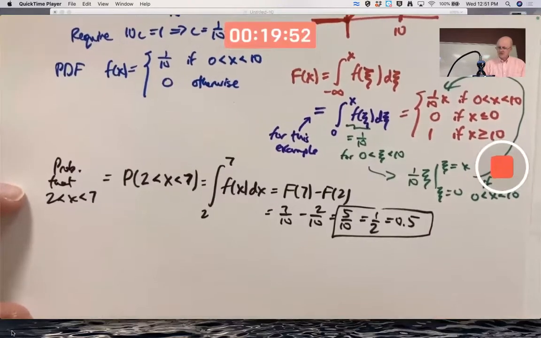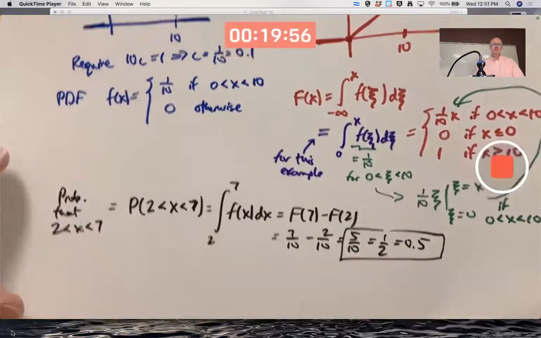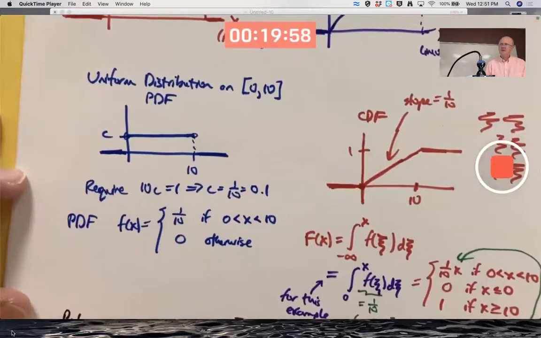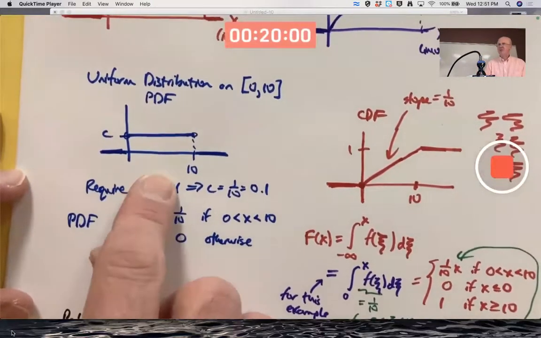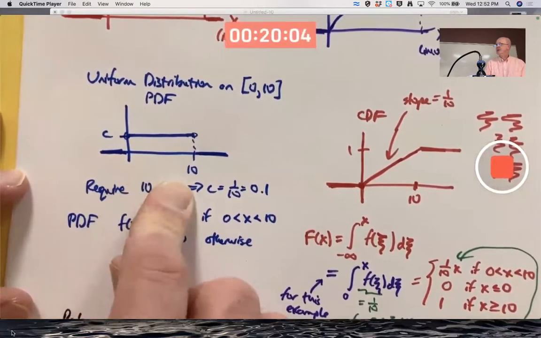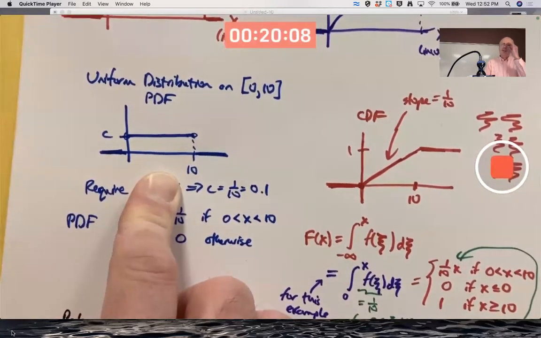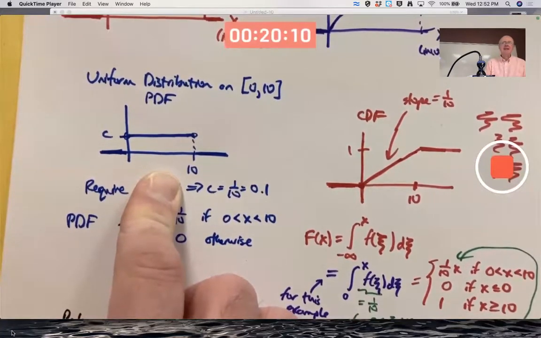What else can we do? We can find an average. What's the average value here? I hope it's intuitive that it should be 5, halfway between the extremes because the distribution is uniform. The mean, the average, is the same thing as what's called the center of mass.